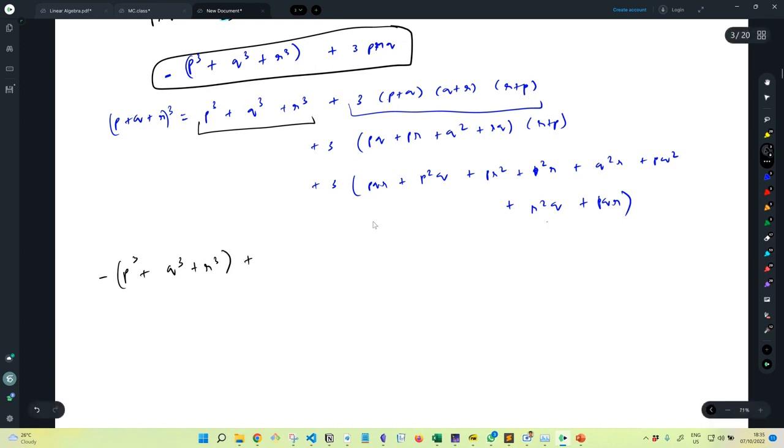We need plus 3prq plus 3pqr. This will be equal to minus of (p plus q plus r) the whole cube, right? And plus you will have 9prq.